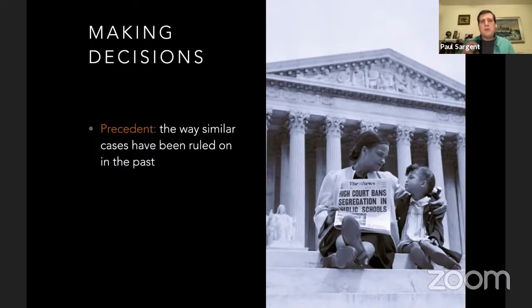This allows the Supreme Court to make decisions that the rest of the lower courts, the district courts, the appellate courts, can follow as they rule on similar cases.